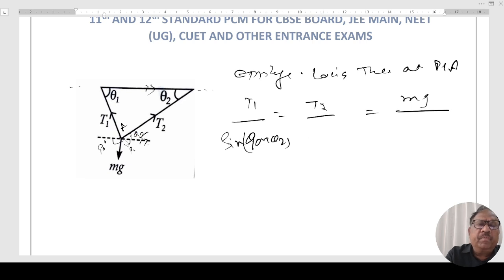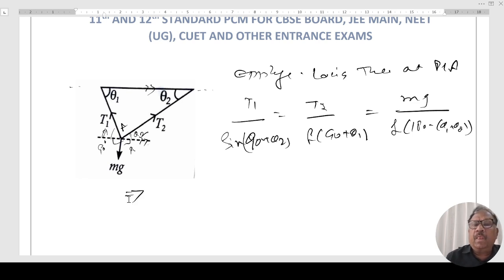Against T2, this will be the alternate angle theta 1, so sin 90 plus theta 1, equal to mg upon sin 180 minus theta 1 plus theta 2.